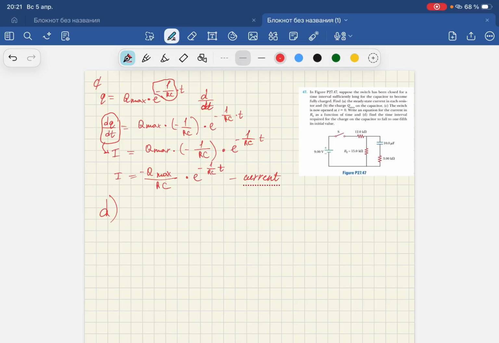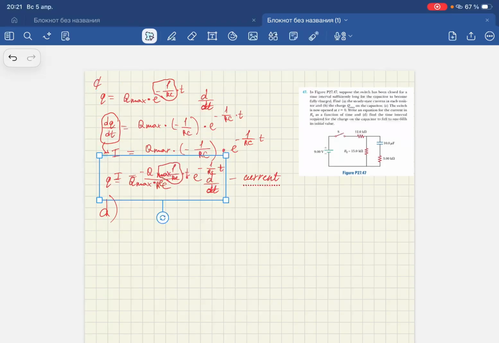So, in the beginning, we already found the equation for the charge. It's our Q equal to Q max times e to the power of minus 1 divided by RCT. Yeah, we will just take that equation for our D part.